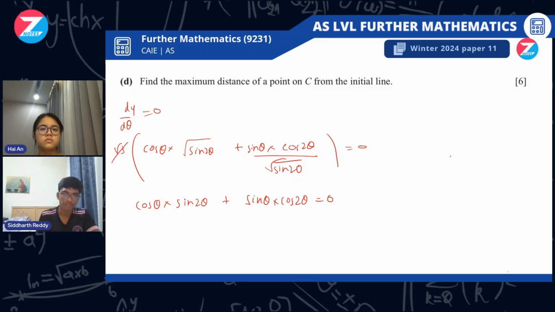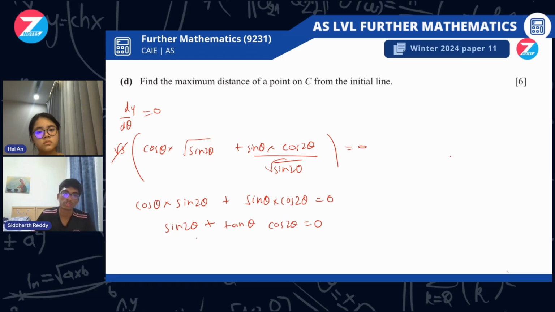Okay, so we can do one thing. First let's divide by cos theta. So dividing by cos theta, we get sine 2 theta plus tan theta times cos 2 theta is equal to 0.